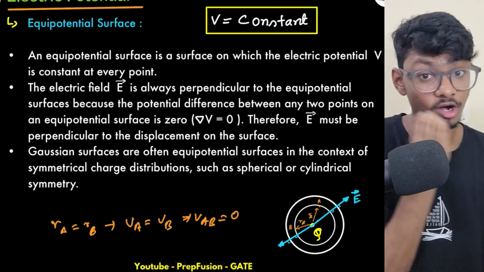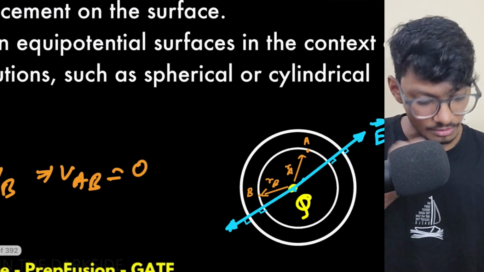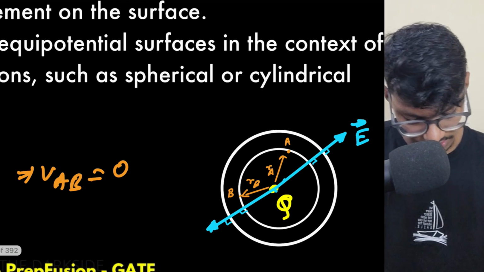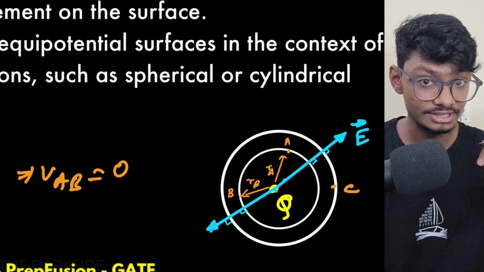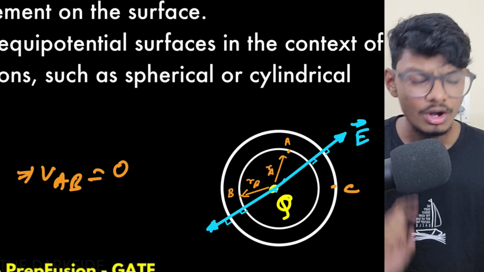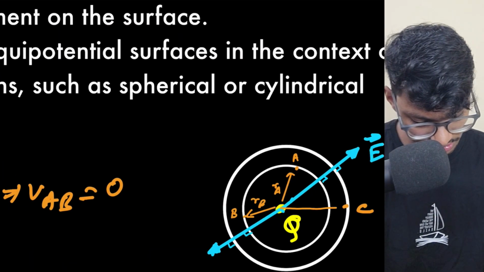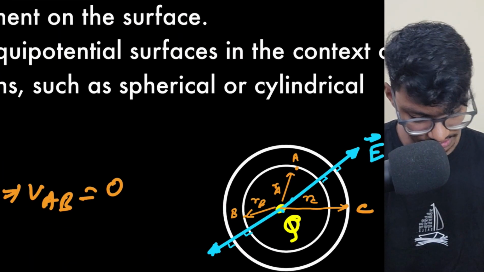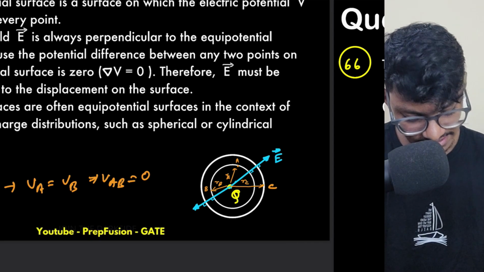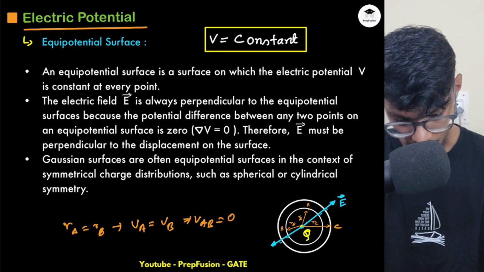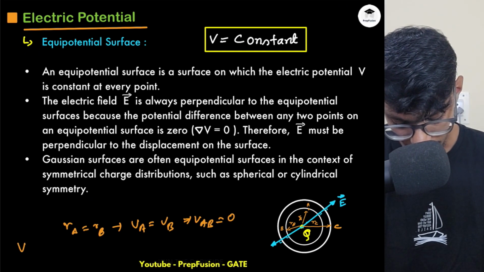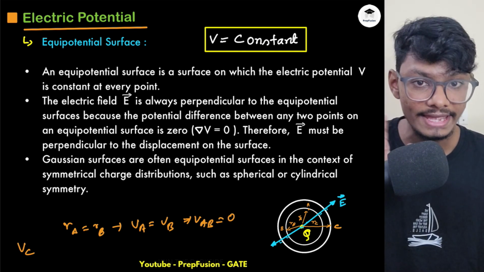Because if I observe one thing, what do I observe? Let's take another point C. This distance is RC. Now what can I comment about the electric potential of C with respect to A and B?